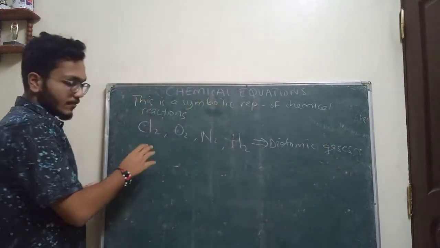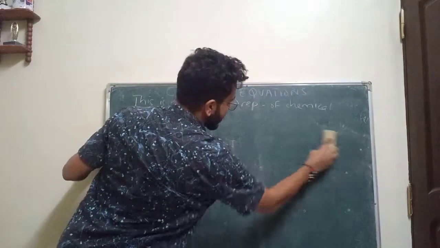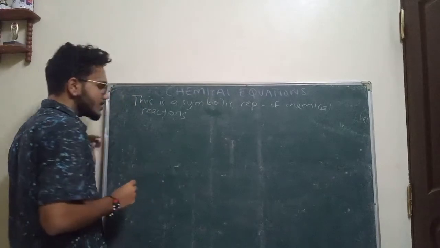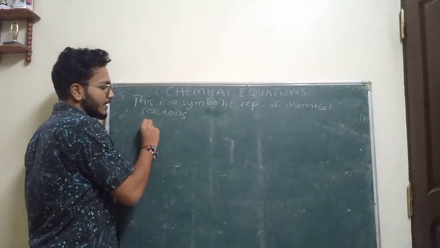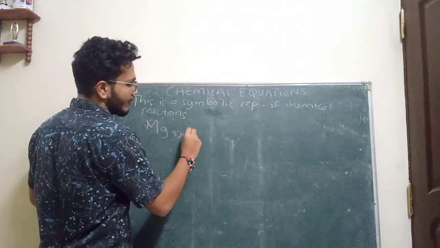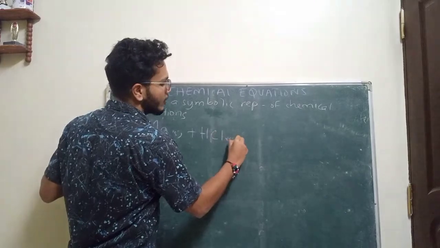Now the information that we just wrote over here of chemical equations is what will help us determine chemical equations. So, for example, magnesium reacts with hydrochloric acid. Magnesium, and we wrote the formulae of common acids. So HCl is HCl(aq).